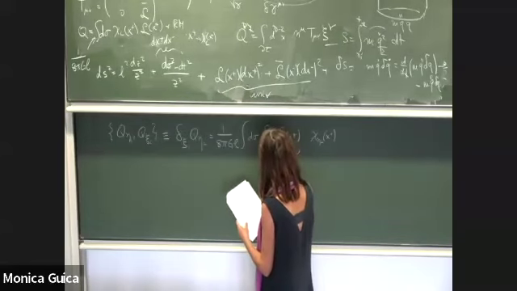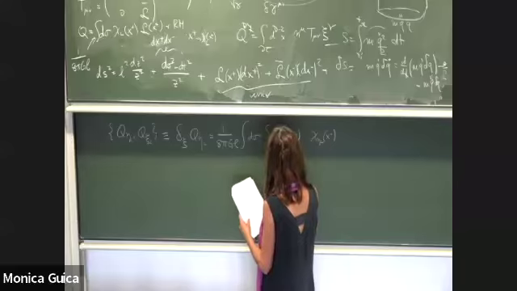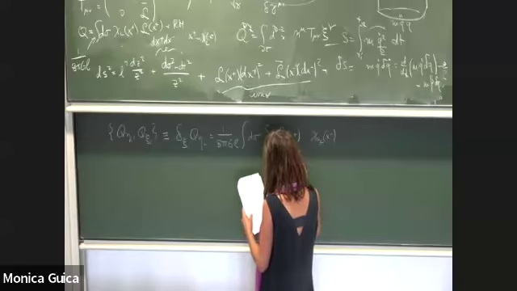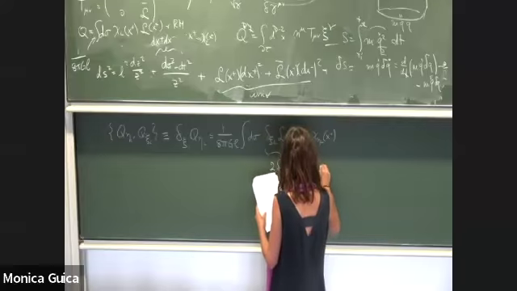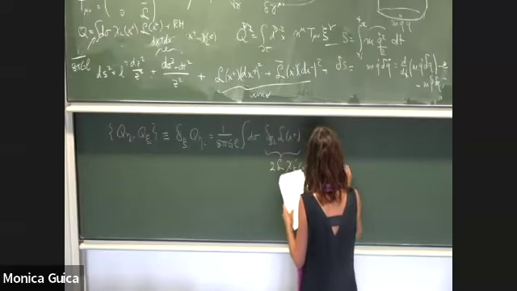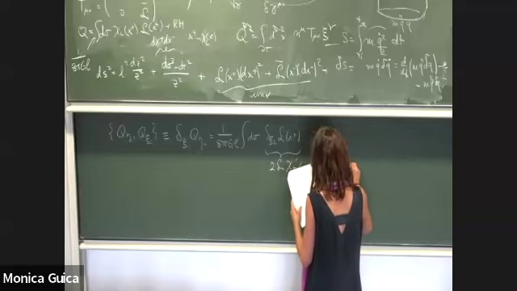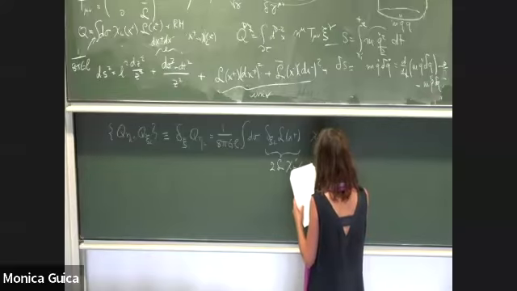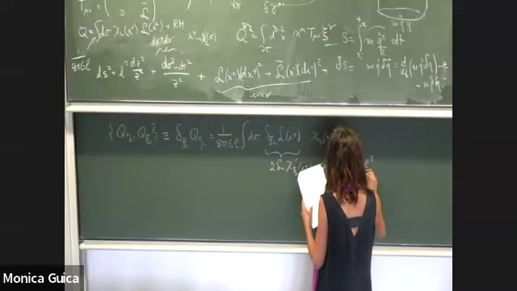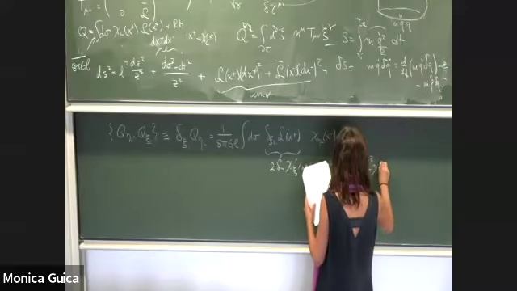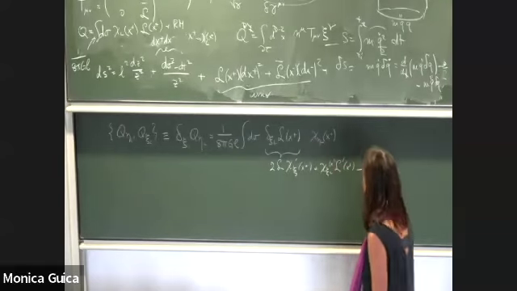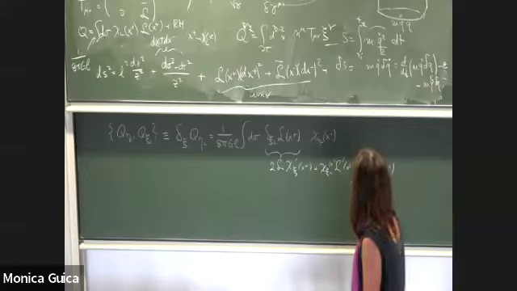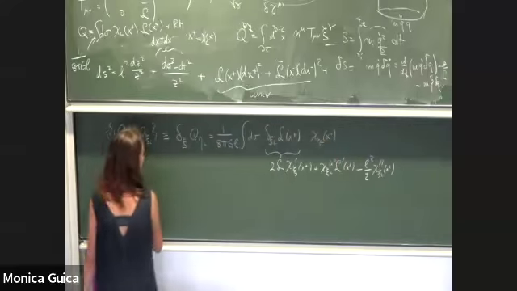It changes like 2L Xi prime of x plus, plus Xi L prime of x plus, everything is of x plus, minus L squared over 2 chi triple prime Xi left.